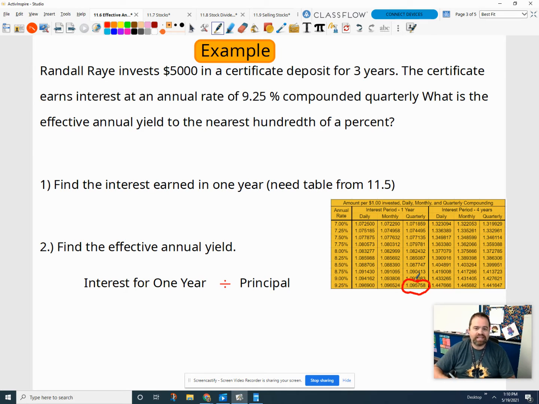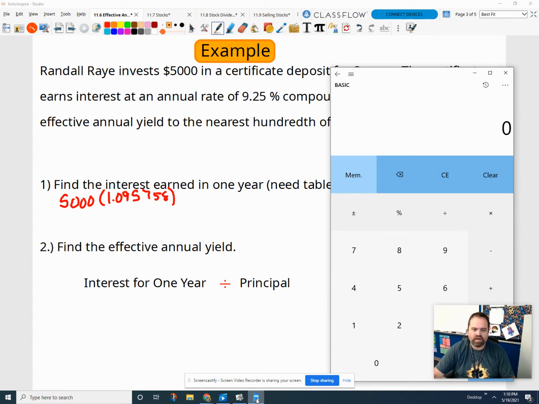So to calculate his interest earned, we're going to take his $5,000 times that factor, 1.095758. I'm going to use the calculator on my computer so you guys can see it here. I'm going to take 5,000 times 1.095758.